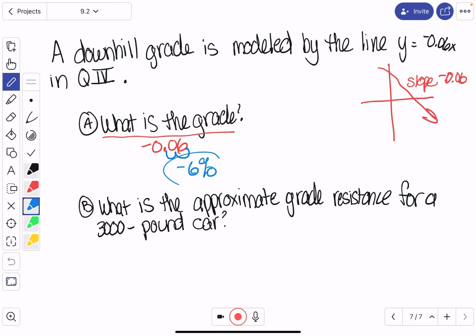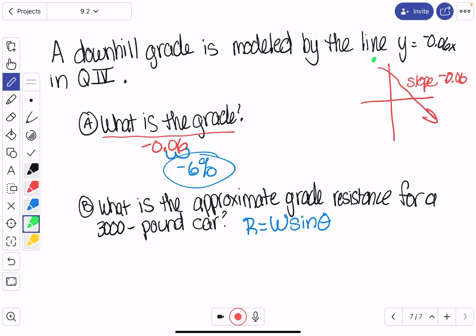Now, what is the approximate grade resistance for a 3,000-pound car? So if we go back to our initial equation here, I think it was sine. Yep. We just said the angle is 6%. So if we wrote that as a point, it would be negative 6 over 100.